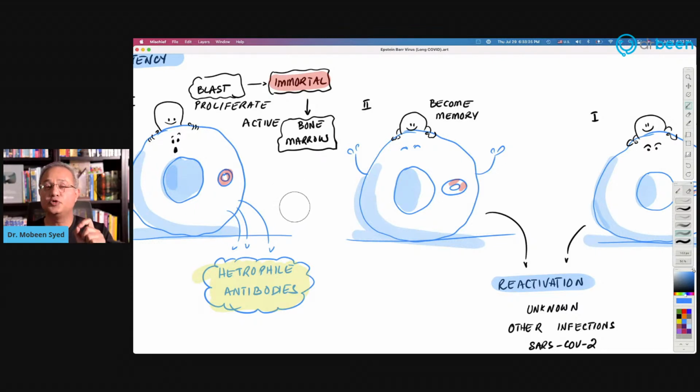One proof of that was a study, an observation actually, where they saw that those people who had Epstein Barr virus and then were given bone marrow transplant from people who did not have Epstein Barr virus, which I wonder who they are, they never kissed someone, I guess, they found out that the person who received the bone marrow also became negative for Epstein Barr virus.